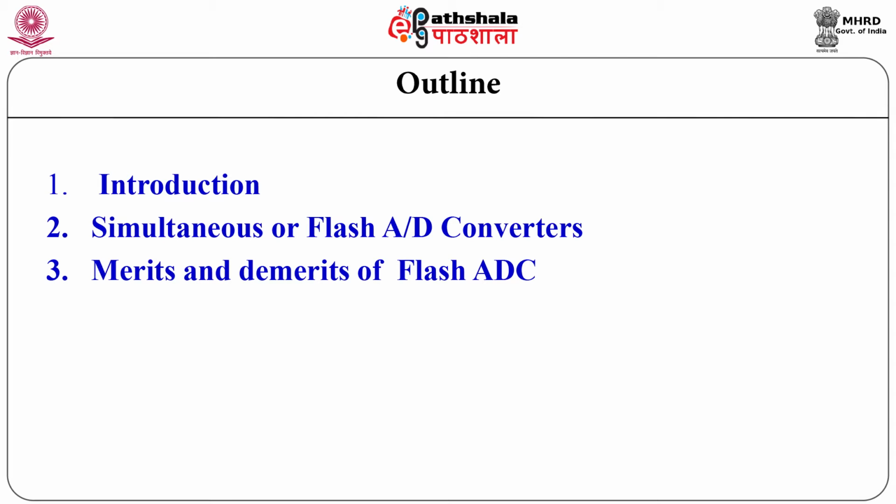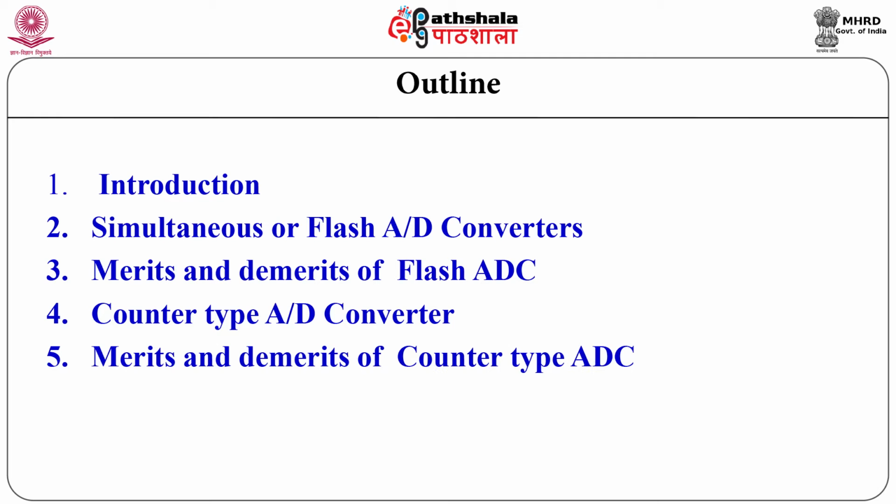The method that we are going to study in this module are counter type AD converter. There are further some merits and demerits of this counter type ADC and hence further methods are developed that we are going to study in the next module. Finally, at the end we are going to summarize the flash and counter type analog to digital converter.